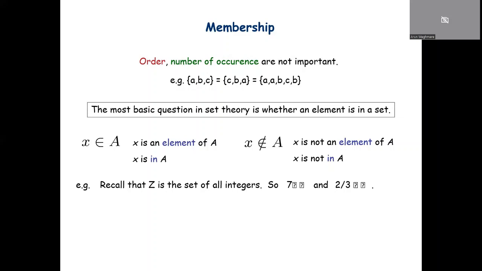Whenever an element belongs to a set, for example, x is an element of A, we represent it like this: x ∈ A. So x belongs to A, x is an element of A, x is in A. And x is not an element of A is written x ∉ A: x does not belong to A, x is not in A.